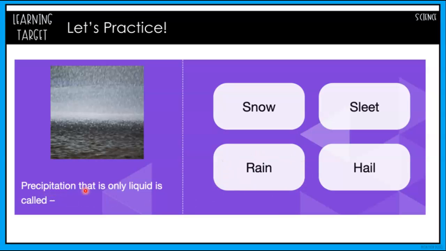And the only precipitation that falls from the sky as water or liquid is called rain. Any other type of precipitation that falls from the sky that's not liquid is not called rain. It's called something else. Only rain is the liquid that falls from the sky.